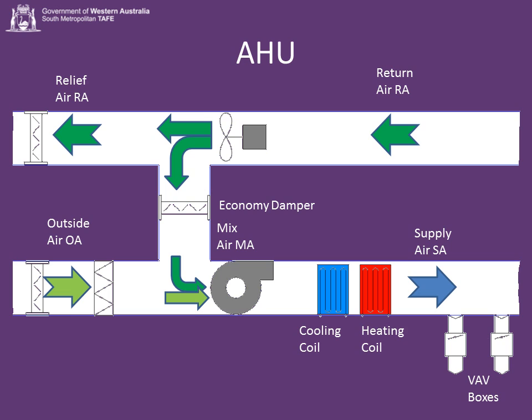These are VAV boxes. We'll talk more about those later. They're essentially pretty low-tech devices. They're a huge butterfly valve in a duct. The other thing they do is they measure the air flow, so that if a VAV box serves a room or an area, we measure the airflow through the VAV box to make sure that that room gets the correct amount of air.